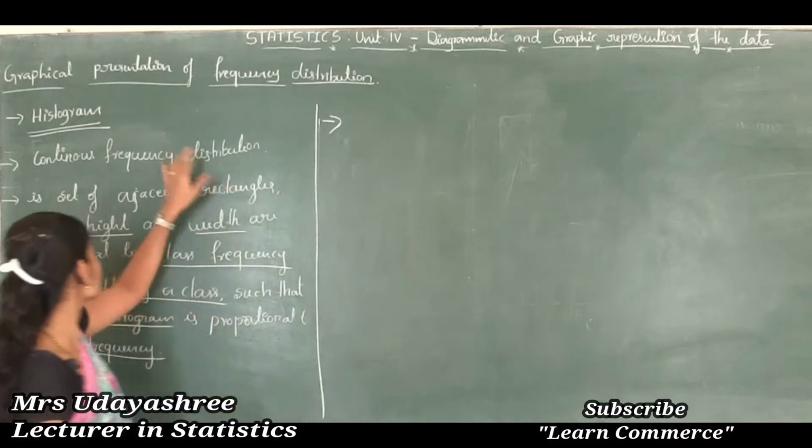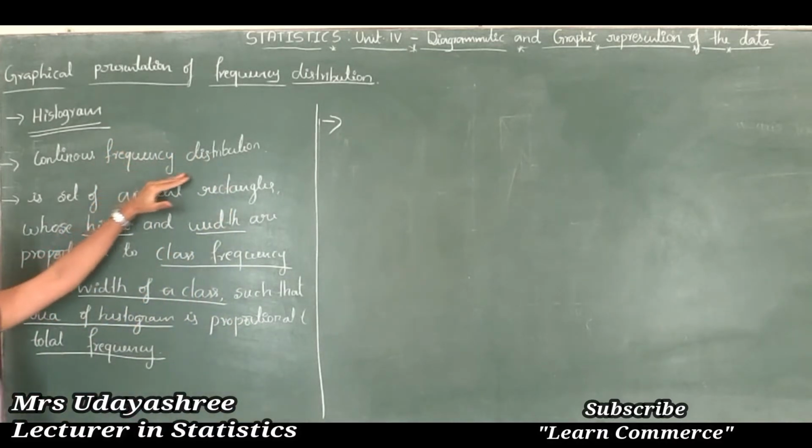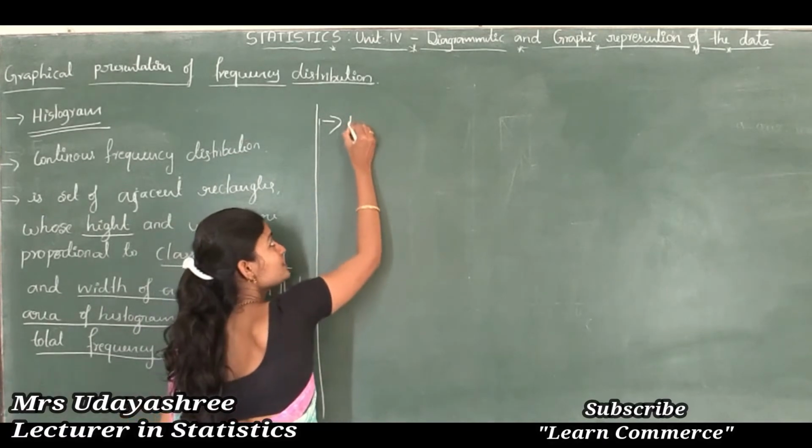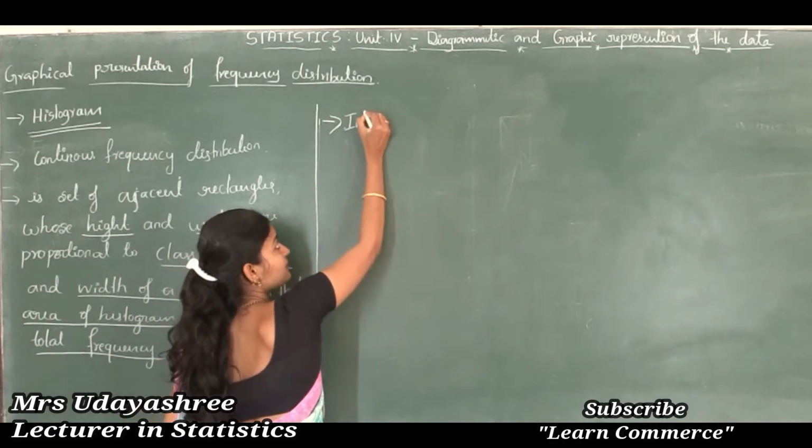The first point is that a histogram is constructed for a continuous frequency distribution, and here we are going to study how to convert inclusive class intervals into exclusive class intervals.